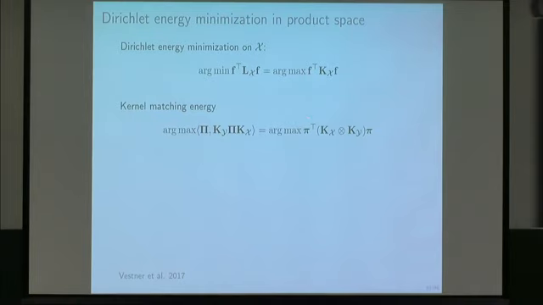This product kernel can be interpreted as the heat kernel on the product space x cross y. This is a trivial construction of the heat kernel on the product space with a regular direct sum metric. And what we see here is just the Dirichlet energy in the product space.